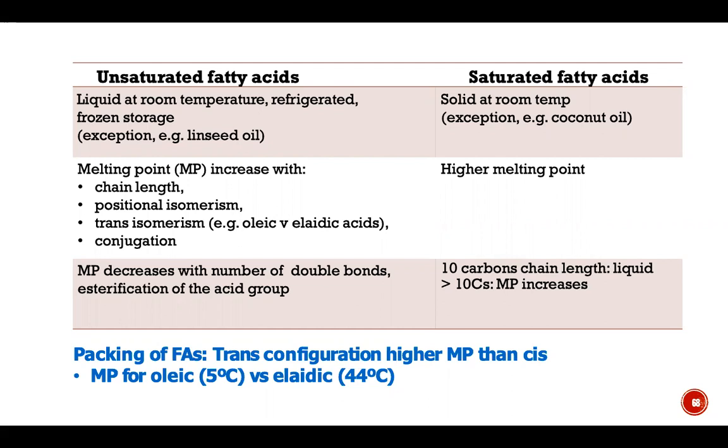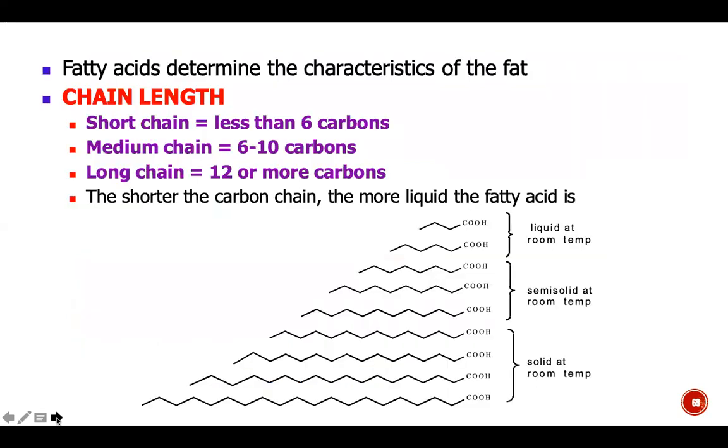But if you talk about trans, it is perpendicular. The location of the H from the carbon that has the double bond is opposite, perpendicular. So that is the trans configuration. So for trans configuration, higher MP than cis. So elaidic has a higher melting point than oleic acid.